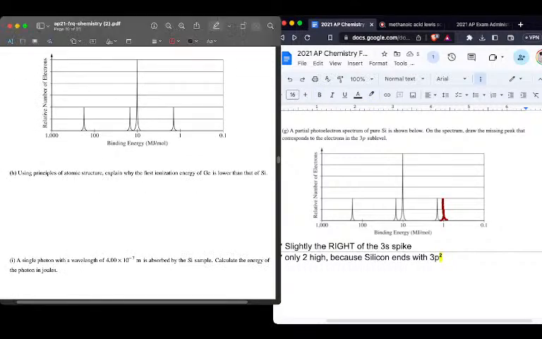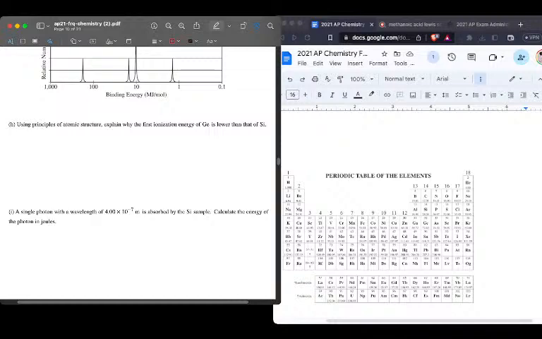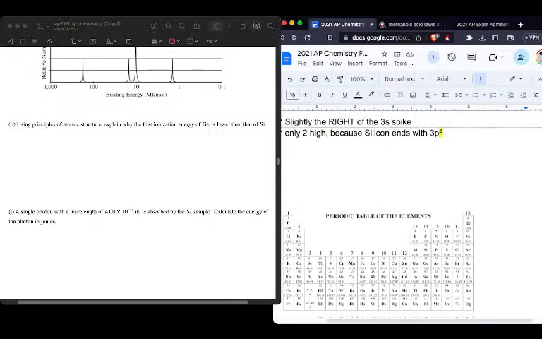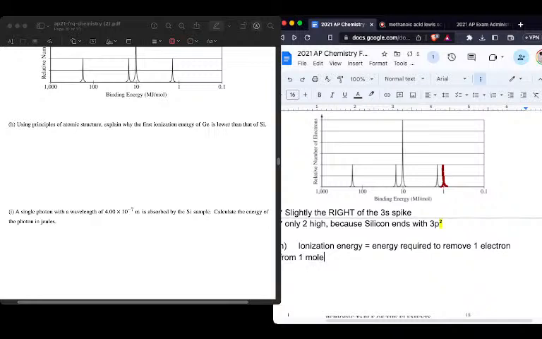Nice. Using the principles of atomic structure, explain why the first ionization energy of germanium is lower than silicon. This is a periodic trends question. Ionization energy is the energy required to remove 1 electron from each atom in 1 mole of the gas phase atoms.